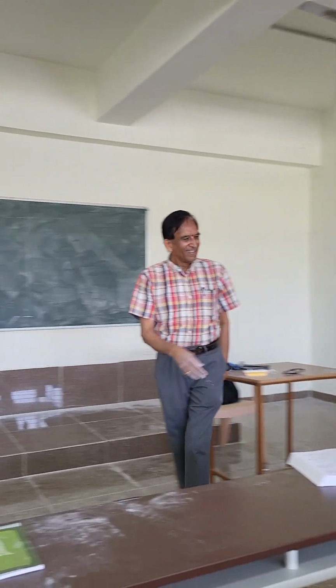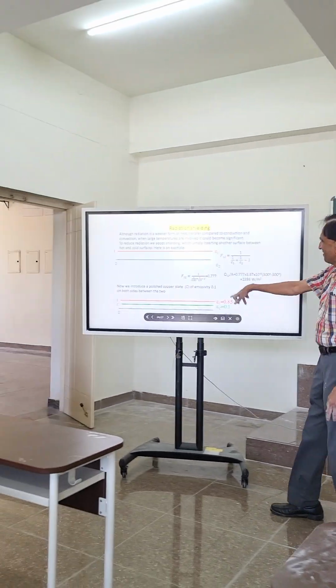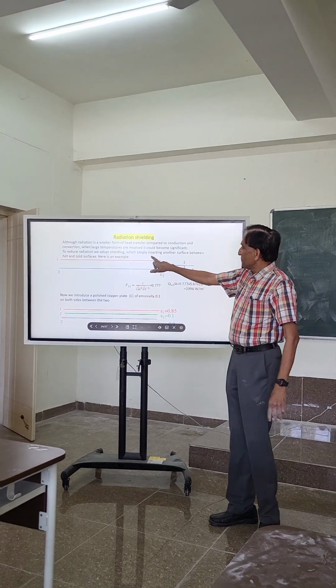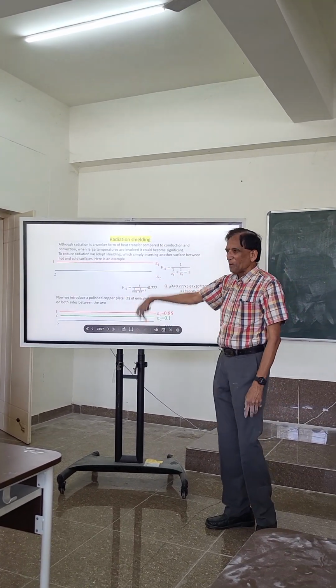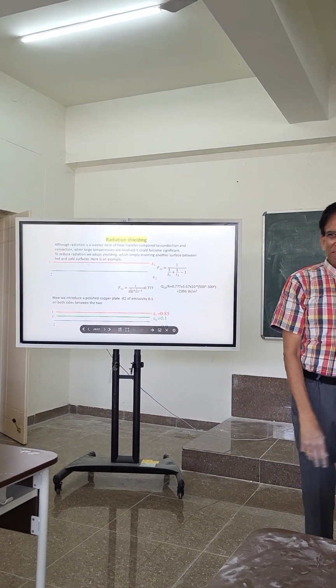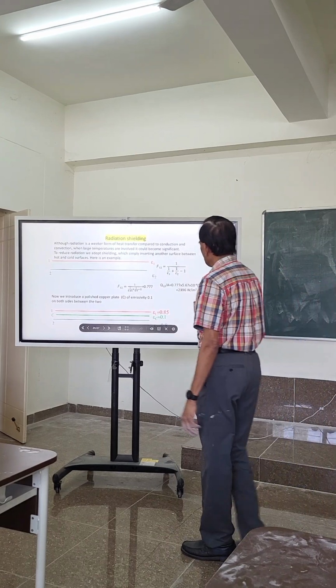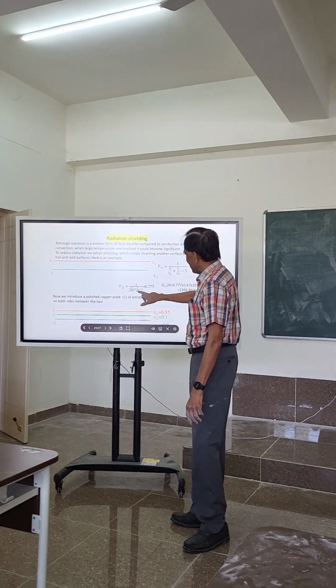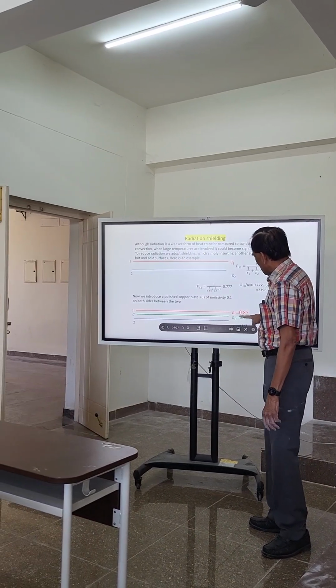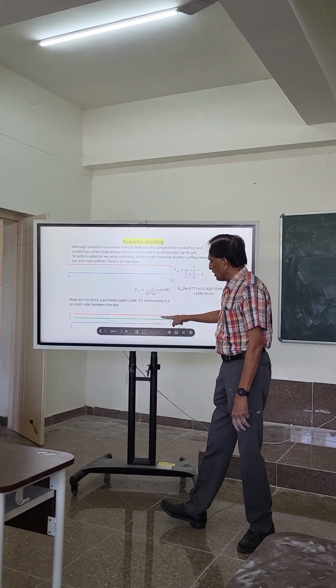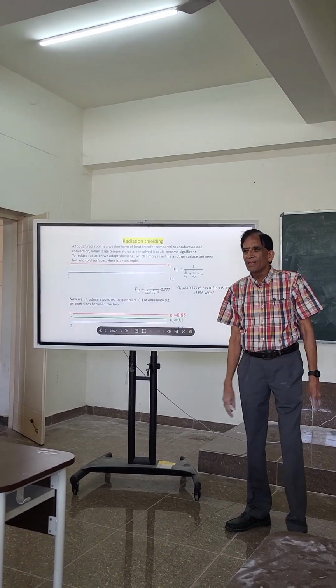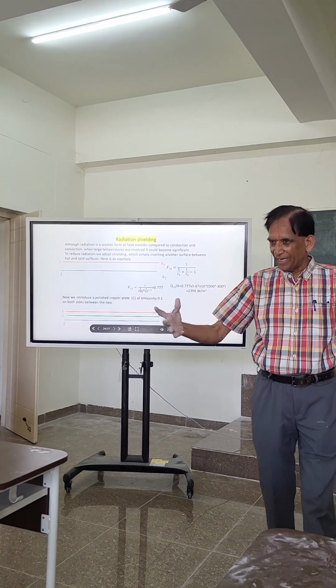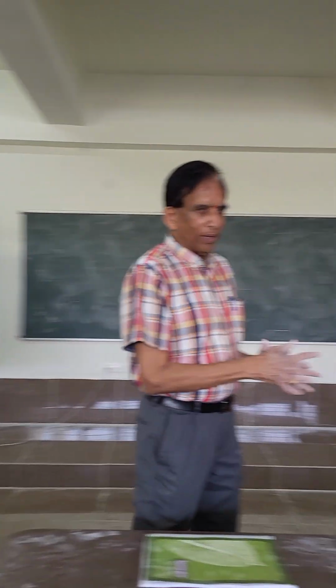So what we can do is, if you have emissivity 0.9 or 0.8, I put an aluminum or copper sheet which I make highly polished on both sides so that emissivity is equal to 0.1.